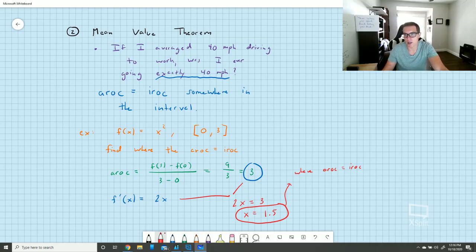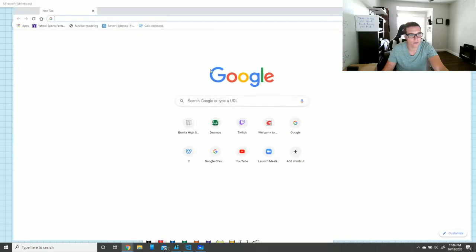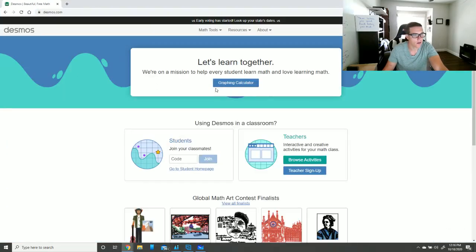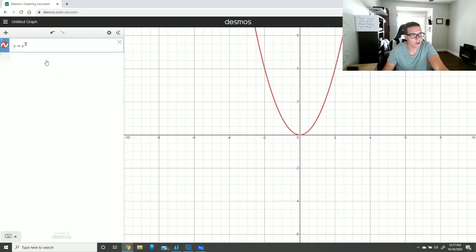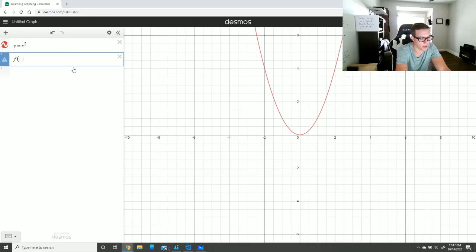So if I show you what I'm talking about on Desmos, we have y equals x squared. So using that cool trick from last time, I can create a movable tangent line. We know that the derivative was 2x.